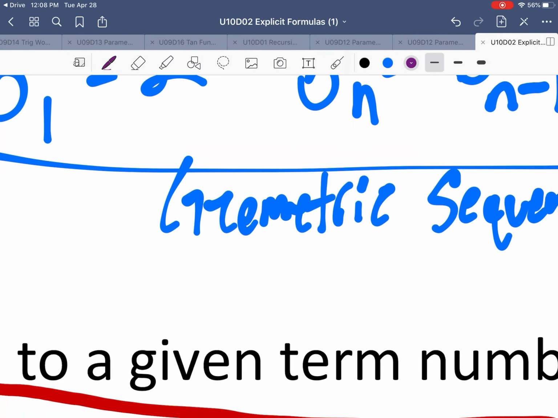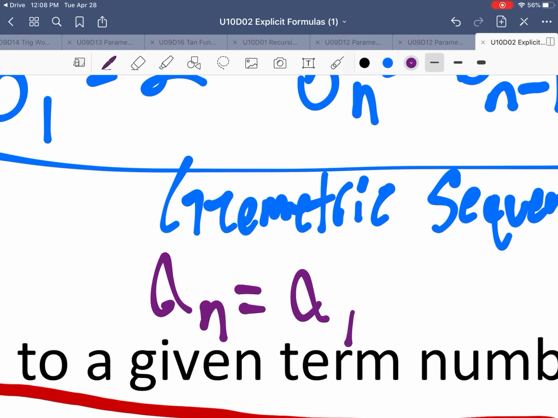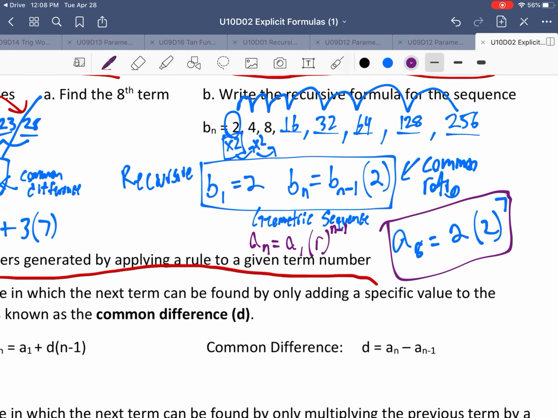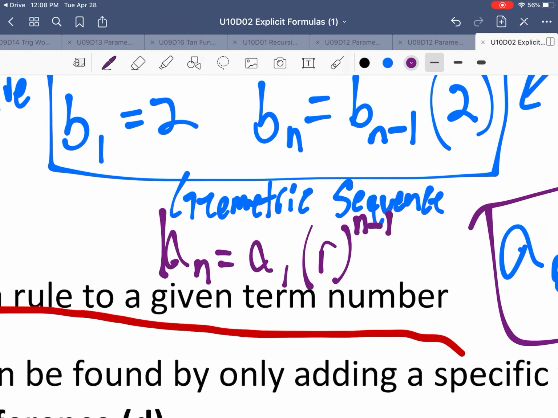But the shortcut formula would be any term can be equal to the first term times whatever the common ratio is, n minus 1 times. So similar to how there was an n minus 1 in the arithmetic sequence formula, this is the explicit formula.